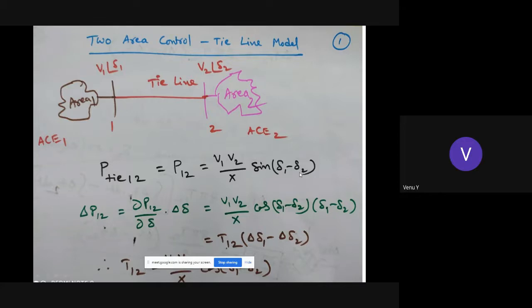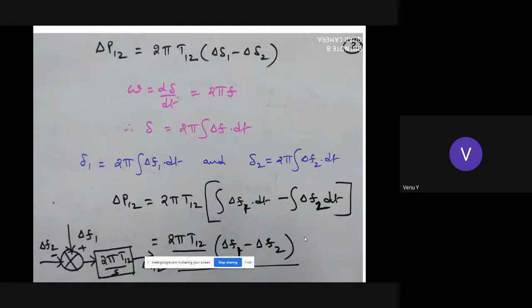with sine of angle delta 1 minus delta 2, from which you can understand that delta P12 is defined as T12 into delta delta 1 minus delta delta 2. So it is expressed as 2 pi T12 into delta delta. And here you know very well that omega is equal to d delta by dt, that is equal to 2 pi f.